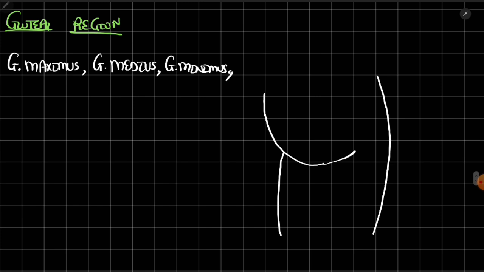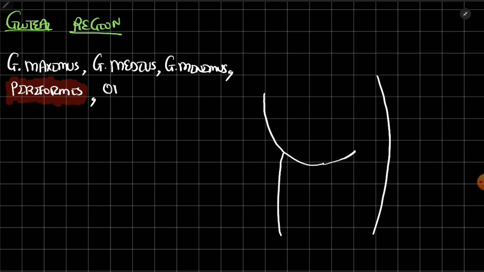Starting with the muscles, since the gluteal region is full of muscles, it is important to know which muscles are present in the gluteal region. So gluteus maximus, gluteus medius, gluteus minimus, then the piriformis. Piriformis is a very important muscle in the gluteal region, as it is also known as the key muscle of the gluteal region.